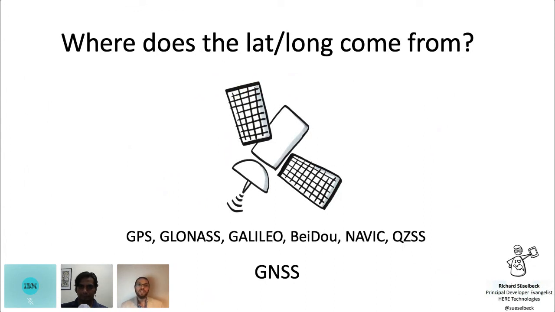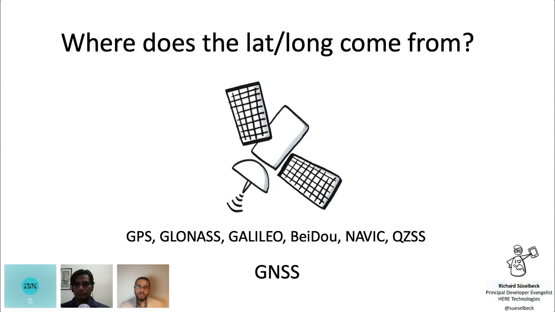So we have GLONASS, we have Galileo from Europe, Beidou, NavIC, QZSS. A lot of countries have their own technology, from China, Japan, Europe, Russia. It's mainly for positioning technology. The purpose of GNSS is a general system that gives you the service of where you are.